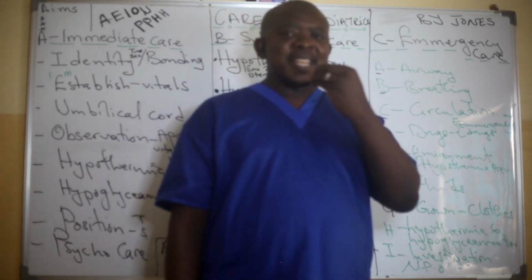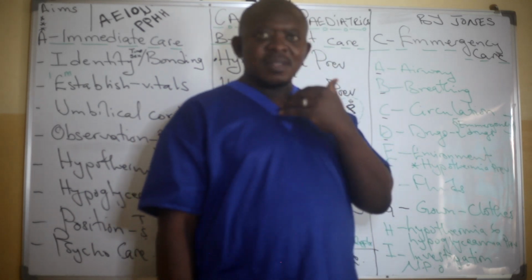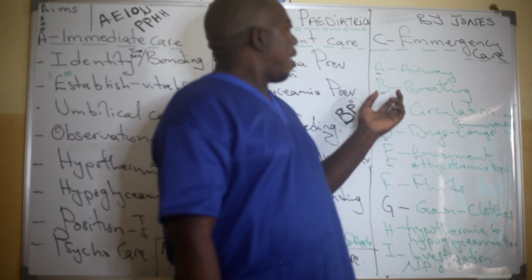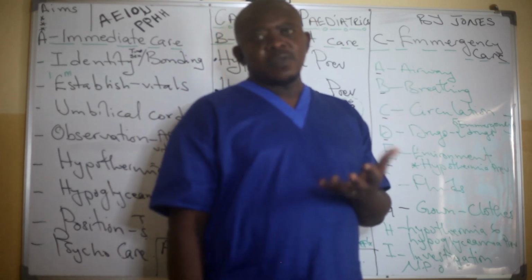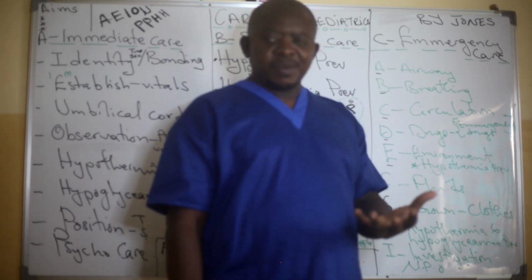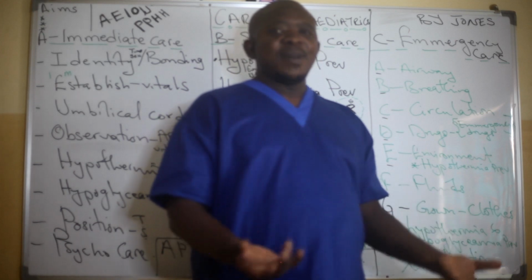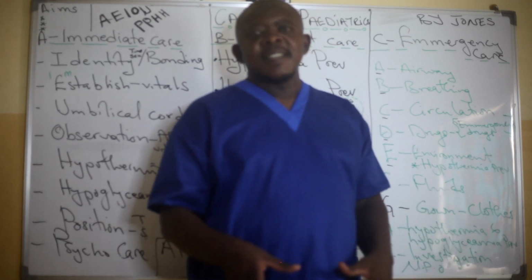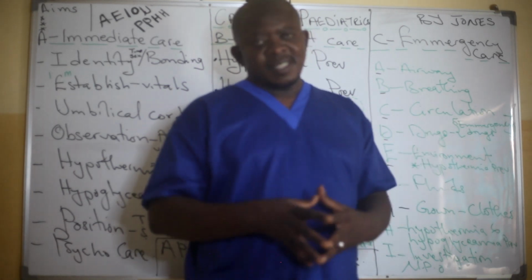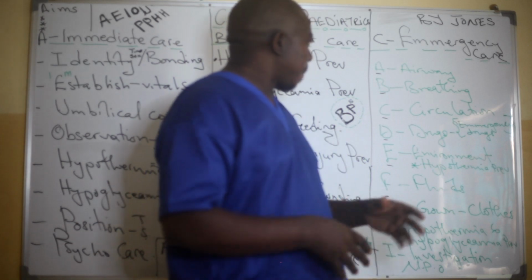Airway, suctioning of the baby, wiping of the nostrils. Breathing, you have to observe that the baby has normal breaths of about 30 to 60 breaths per minute. Then the circulation, you have to observe the baby's pulse, that it is not less than 100 or above 160. Because if it is above that, it calls for intervention.